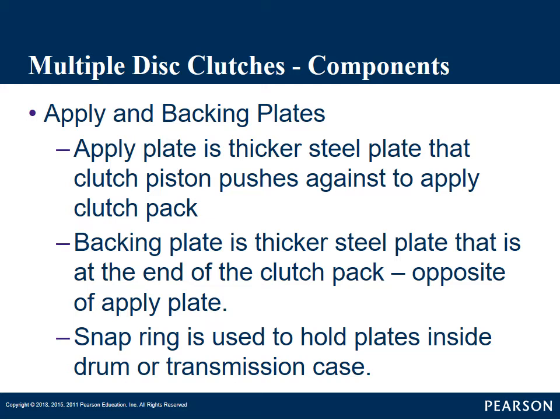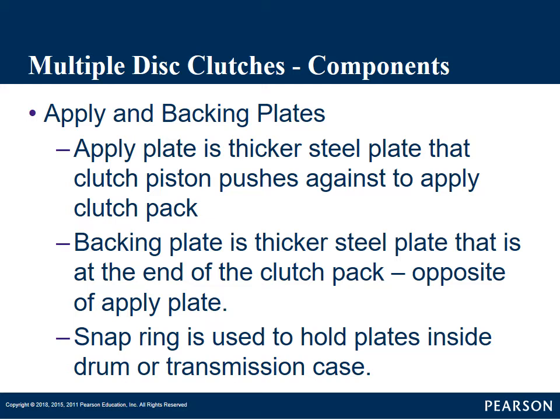The backing plate, which I think in your book they're calling a pressure plate, is this thicker steel plate that's on the other end of the clutch pack, next to the snap ring in most cases. So they're basically sandwiching these steels and fibers between two thick steel plates.